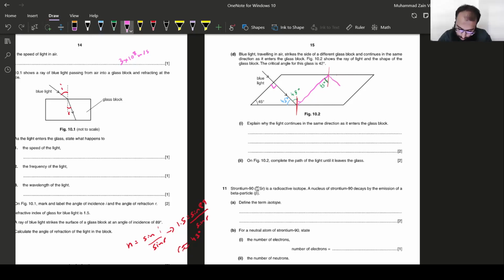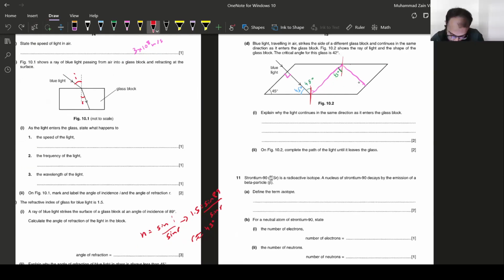It would move somewhere here. And this time, I can tell by observation that the angle of incidence would be something less than 45. This is some basic observation, and you could apply the same reasoning and find that this time it would be less than 45.